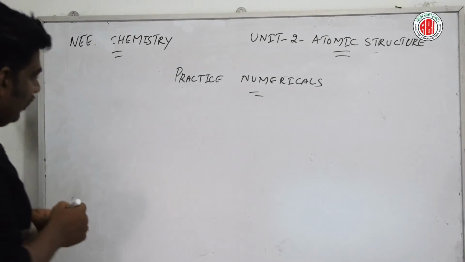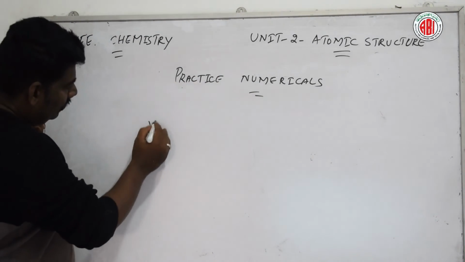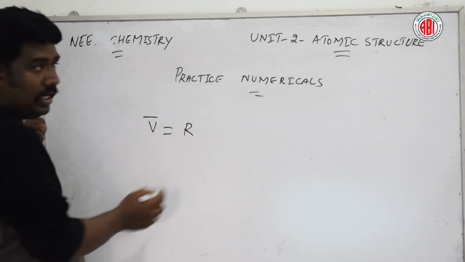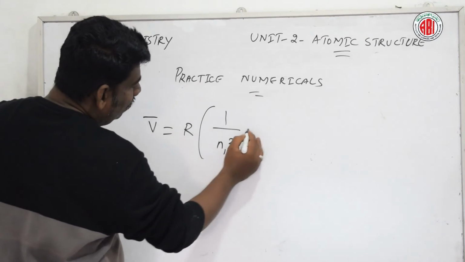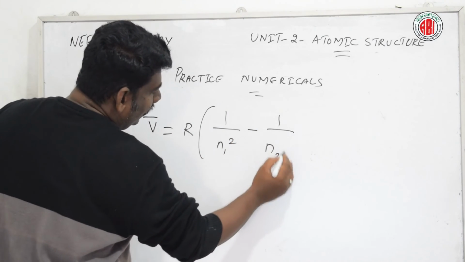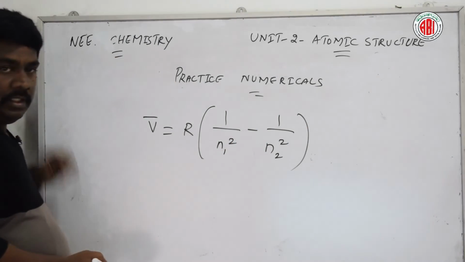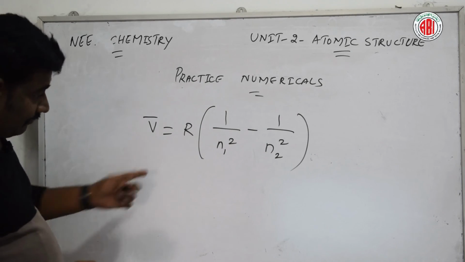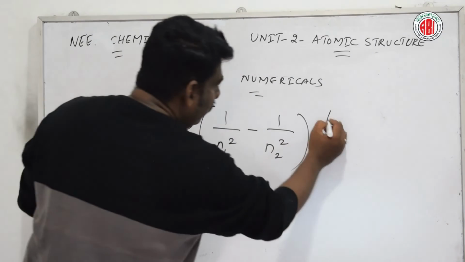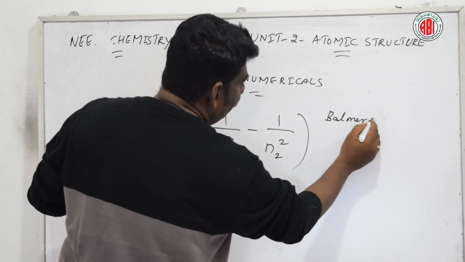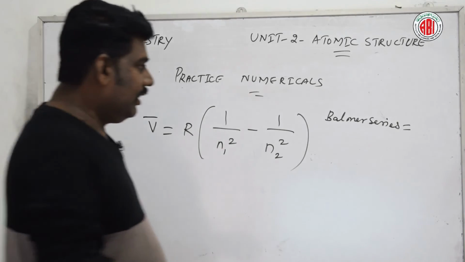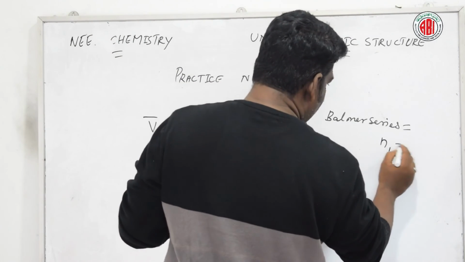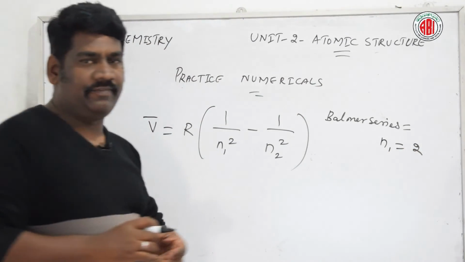Okay, so let us find the wave number. So v bar is equal to R into 1 by n1 square minus 1 by n2 square. For the Balmer series, n1 is equal to 2, it starts from 2.